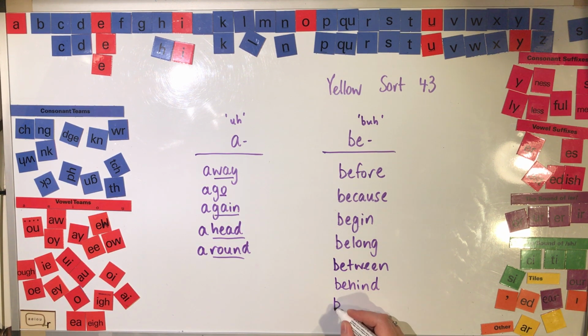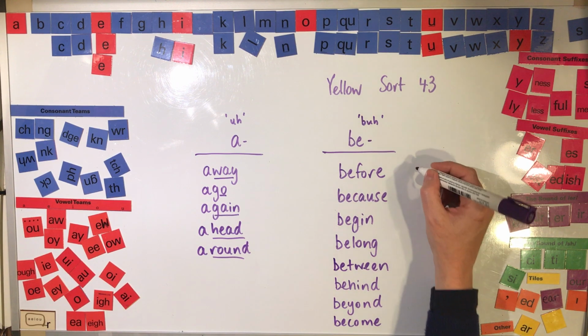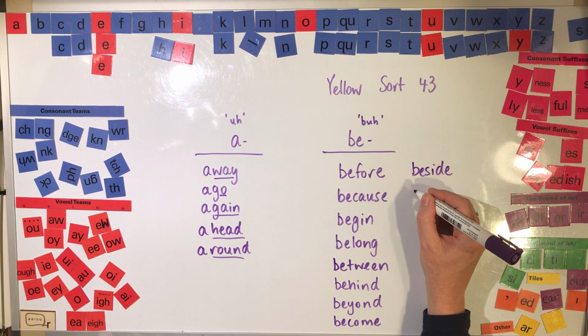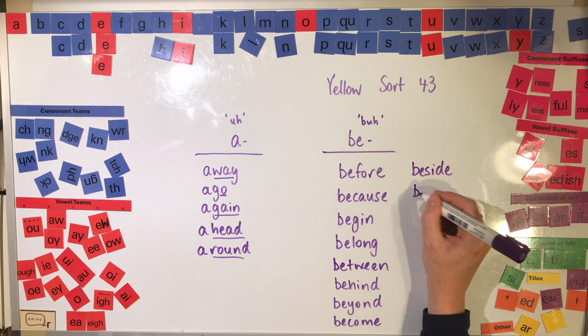Behind, beyond. Become. We don't actually say become, beyond. Actually, we do sort of say beyond. Yeah, kind of do a little bit with that word. Become, beside. Definitely go with that one. Beside. We don't say beside. Believe.